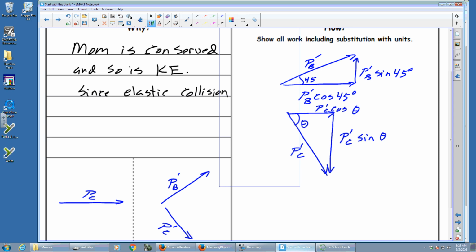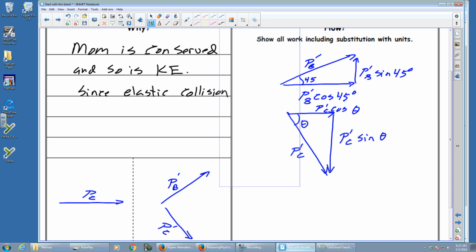From there, it's really identical to what we just did, right? Our y components are equal and opposite, so they add up to 0. Our x components, we have before equals afterwards. The only maybe a little bit tricky part is that you're going to have a theta in both of them.